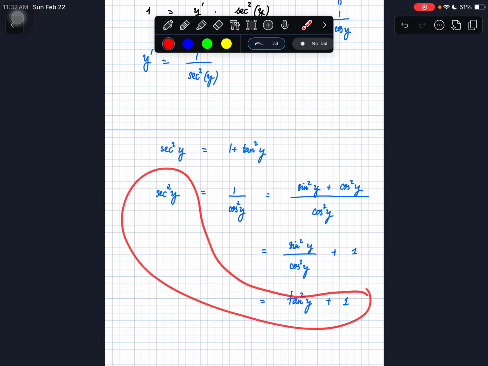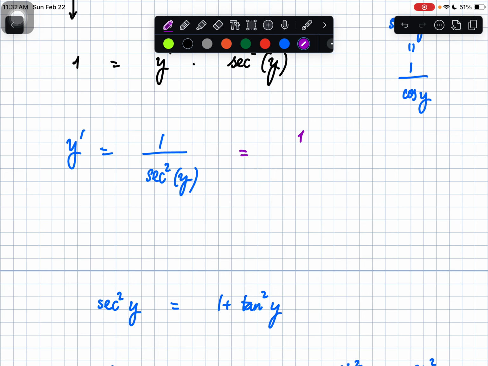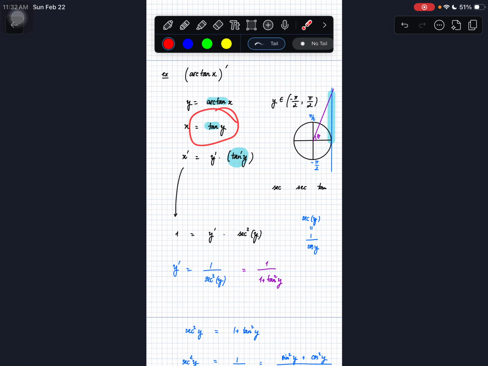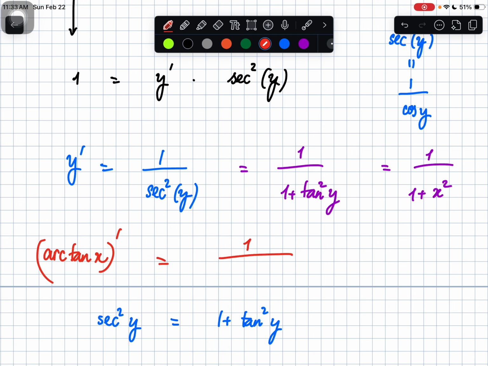Now let's plug in: y prime is 1 over 1 plus tangent squared of y. Now you can write it in terms of x. Tangent of y is x, so this is 1 over 1 plus x squared. So that's why you have the formulas. The derivative of arctangent of x is 1 over 1 plus x squared. So for tangent, you remember this as a plus.